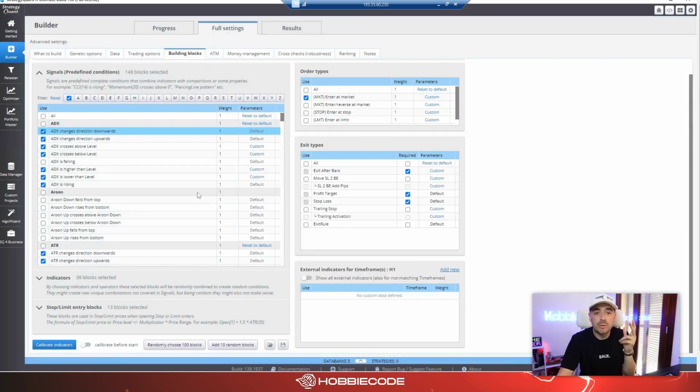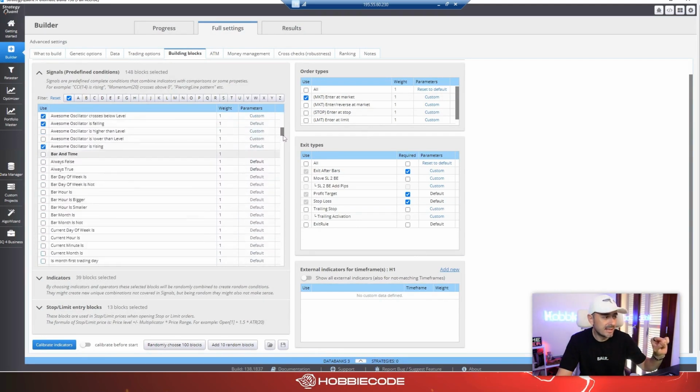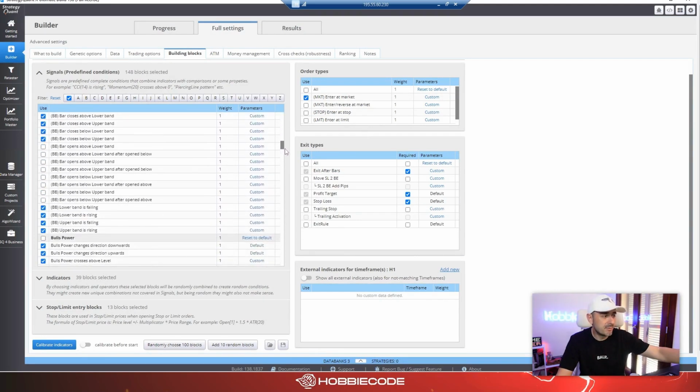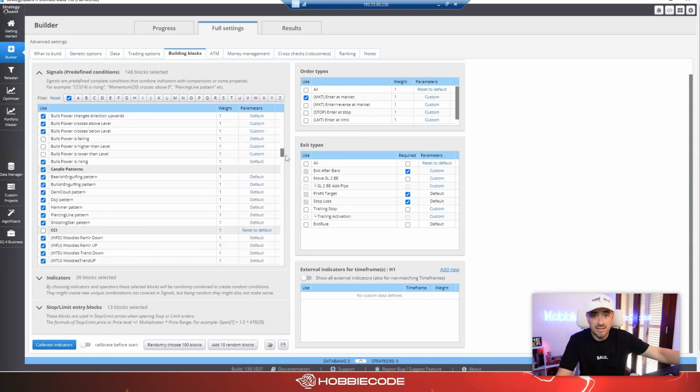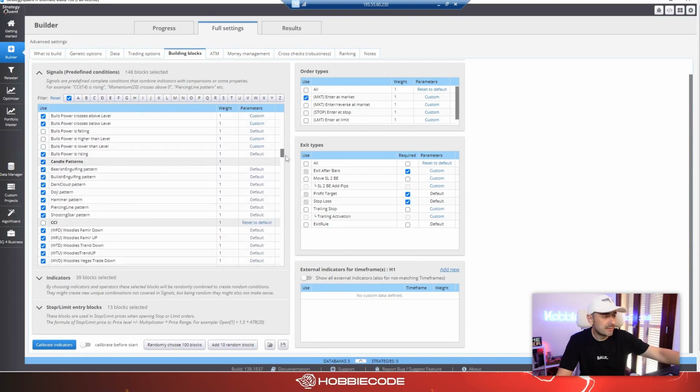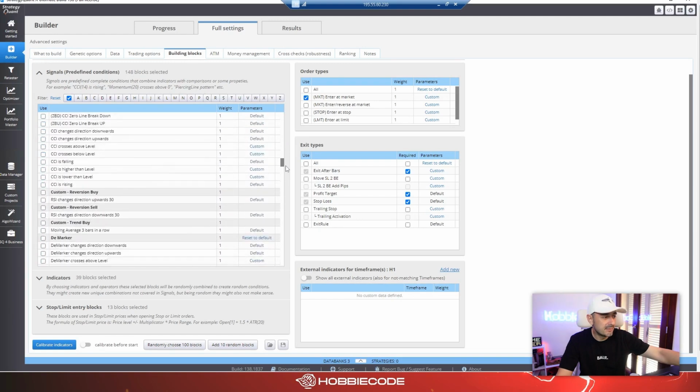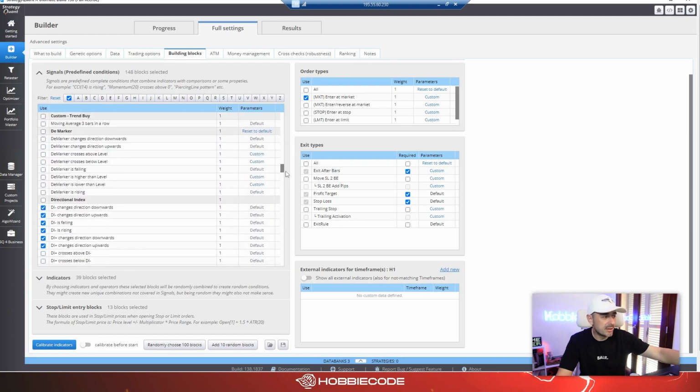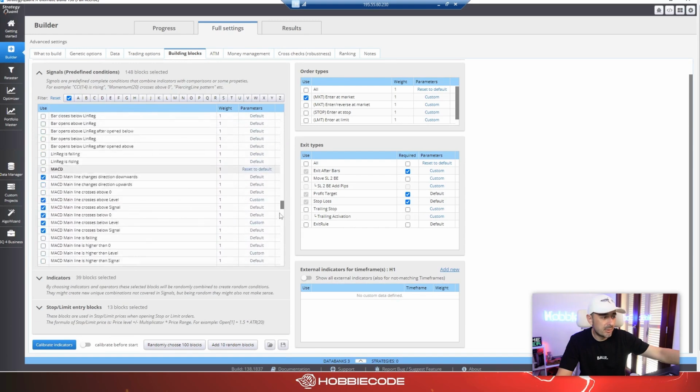All this refers to the combinations or possibilities that you give to the tool so that it creates strategies for you. Look, ADX, Aroon, ATR, Awesome Oscillator, Bears Power. Here you select what you want to take into account or not. Candle patterns, CCI, various made by me, Momentum, Directional Index, an outrageous amount.